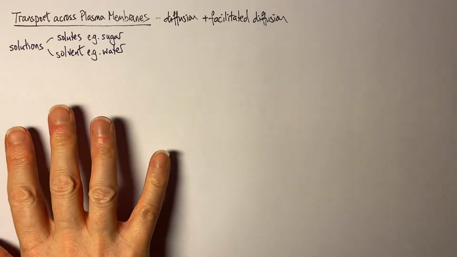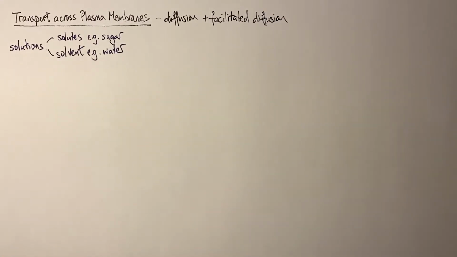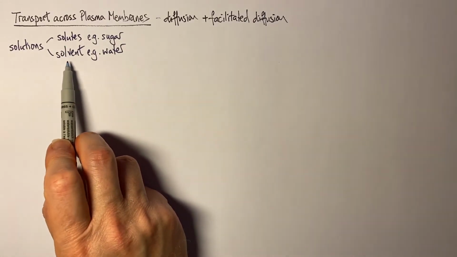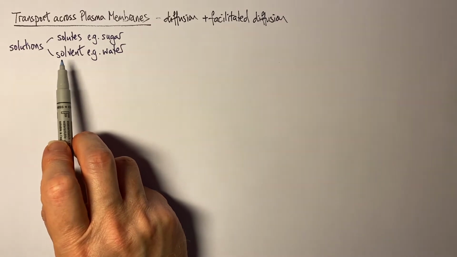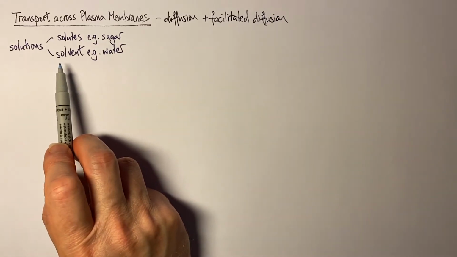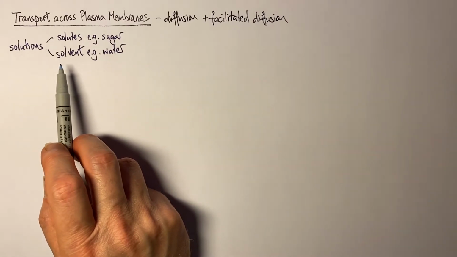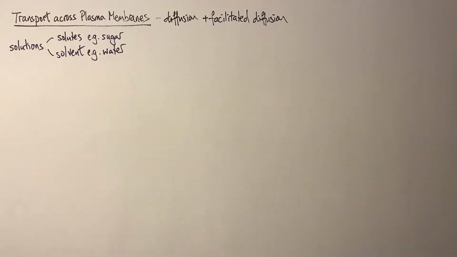And in a solution, which of course is a liquid, the solute molecules and the solvent molecules have kinetic energy. They are constantly moving around. And this is very, very important.